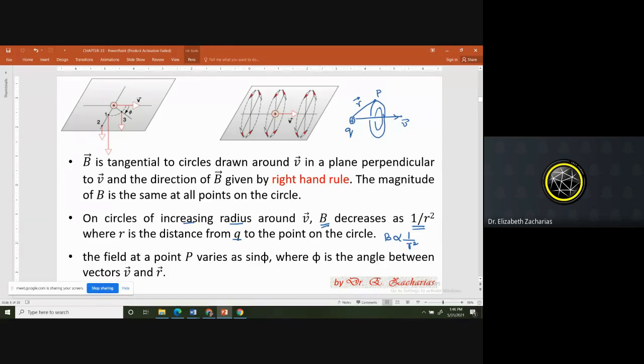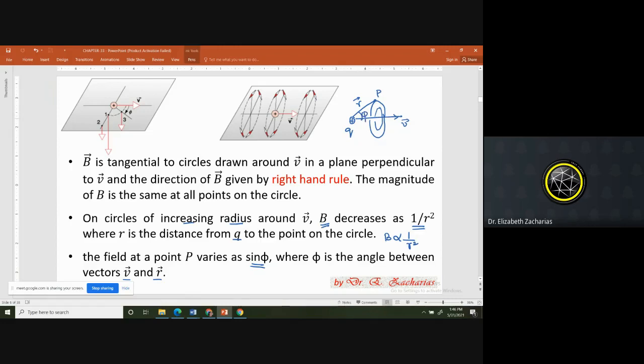Okay? And another very interesting thing that you're going to notice is that the magnetic field at some point P varies as sine phi. It varies as sine phi. Let us see what is phi. Phi is the angle between the V vector and the R vector. So this one.